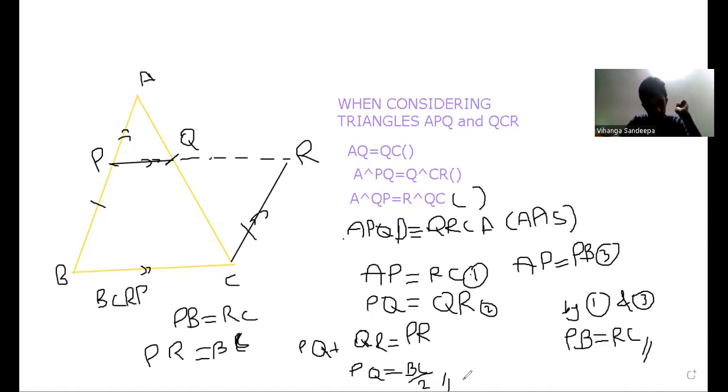So finally we can tell that PQ is parallel to BC and PQ is half of BC.